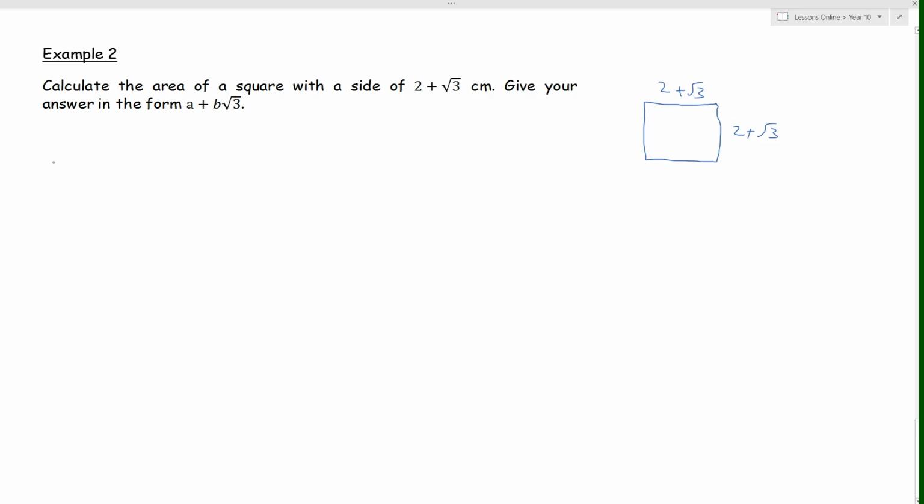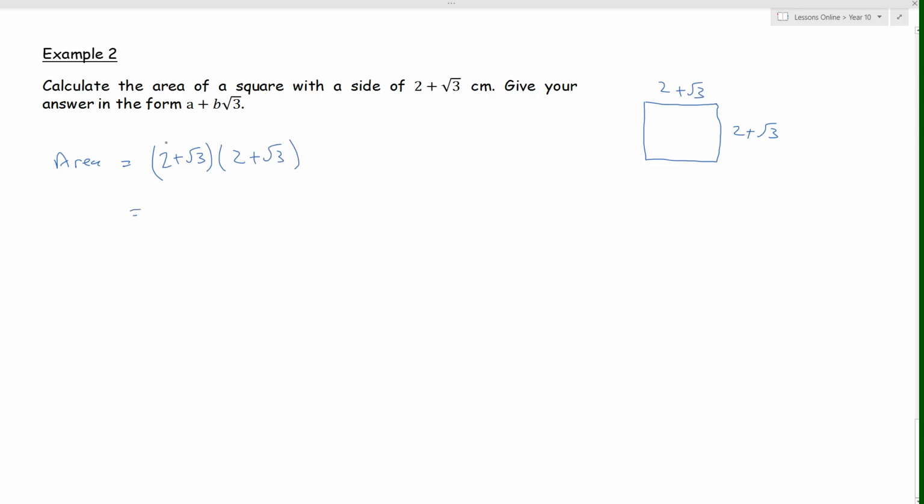So the area is going to be equal to 2 plus root 3 times 2 plus root 3, or 2 plus root 3 squared.